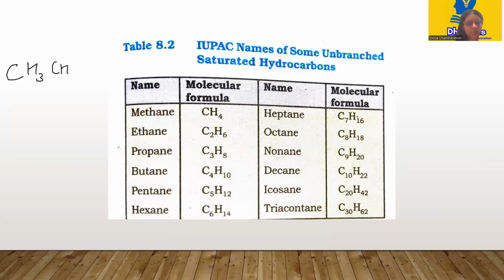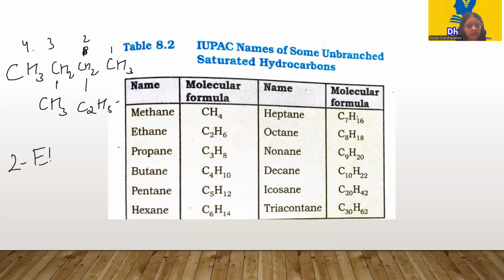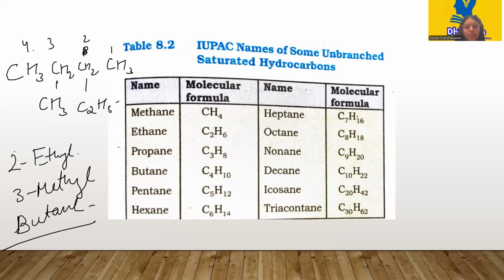I have CH3, CH2, CH2, and CH3, C2H5 here, and this is CH3. So I try to number it like this. What I'm getting is 2-ethyl-3-methylbutane. And this is the correct numbering because alphabetically E comes before M. This is how it should be.